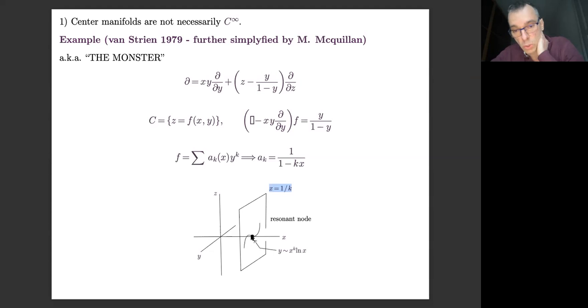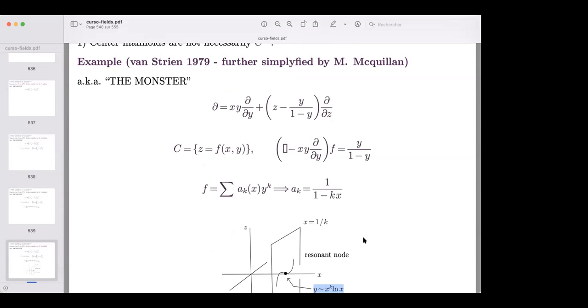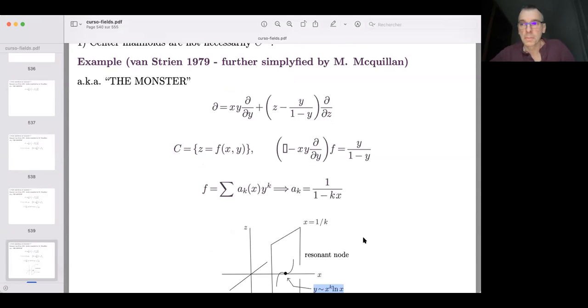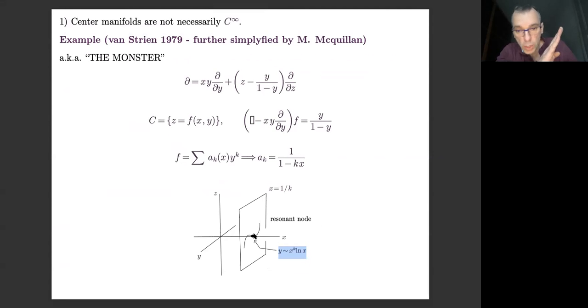So there is a resonant node here, and there is one invariant curve of this resonant node which is tangent to the horizontal axis. And it has this expression here. But the problem is that this curve may be Pfaffian, no? Yeah, it's Pfaffian, yes. Anyhow, the restriction of the center manifold to each slice is a Pfaffian curve. This is for sure.